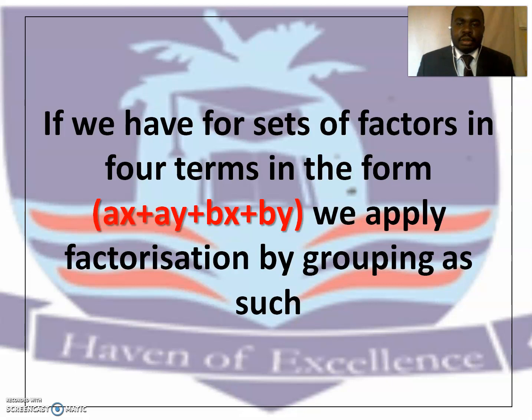The first step to factorizing this expression will be to separate it or to arrange it. This is already arranged, but assuming it's not arranged in such a way that we have two factors together and two factors together, it will be best to arrange it in that form before we begin. When we have our factors a in the first two terms and b in the second two terms, then we can group them and factorize separately.